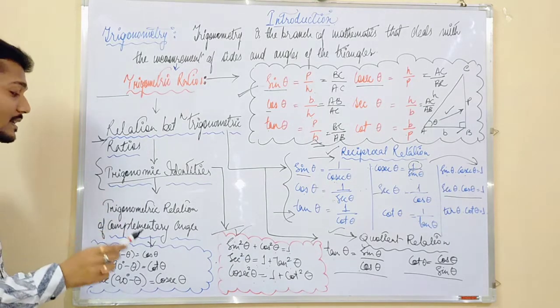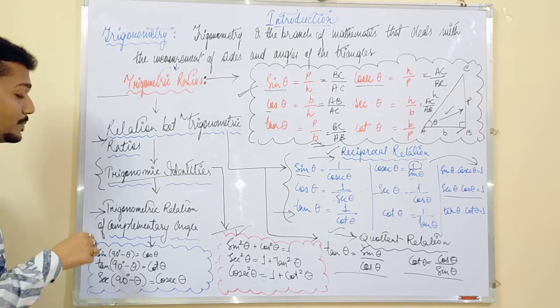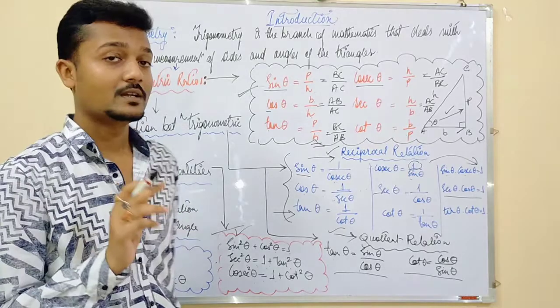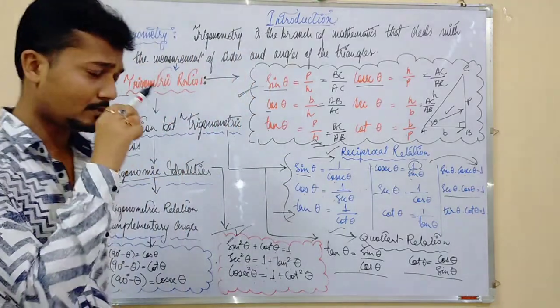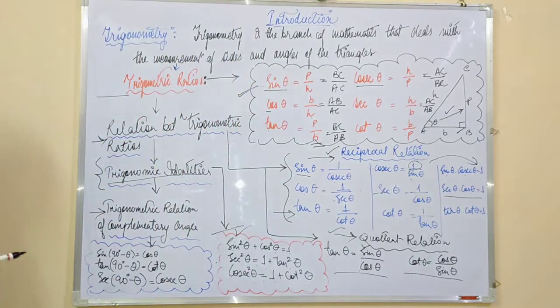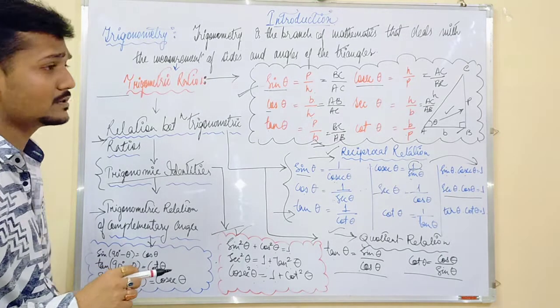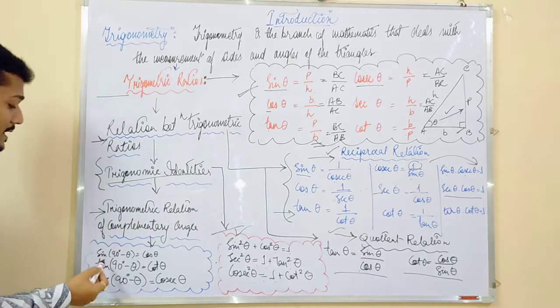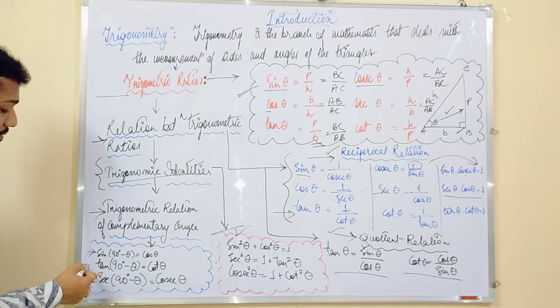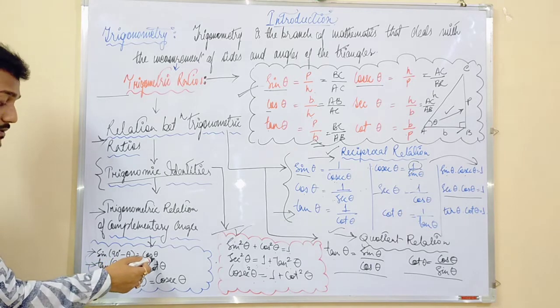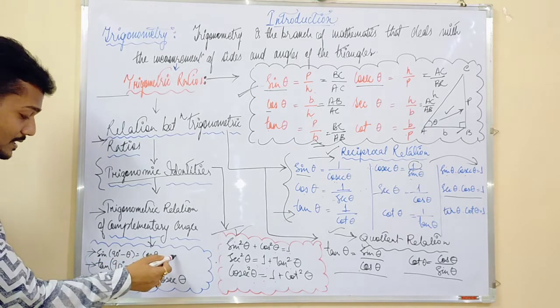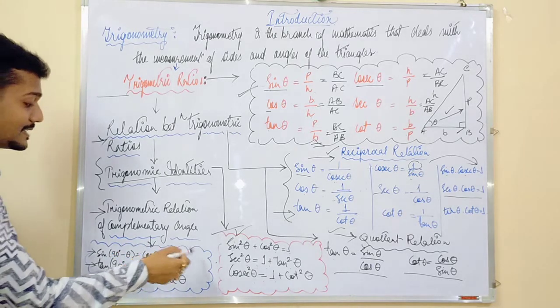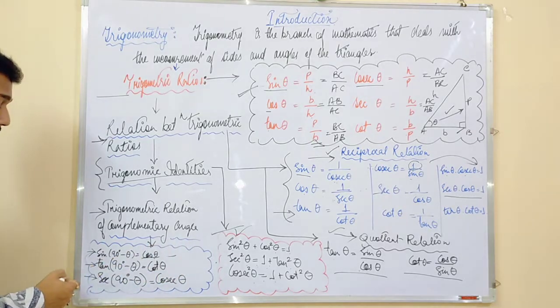Now next to come is the trigonometric relation of complementary angles. Again, trigonometric relation with complementary angles also we have done in our super hexagon part, isn't it? So what are the various relations? Let us see. Sin of 90 degree minus theta is equal to cos theta. That means cos of 90 degree minus theta will be equal to sin theta, isn't it?